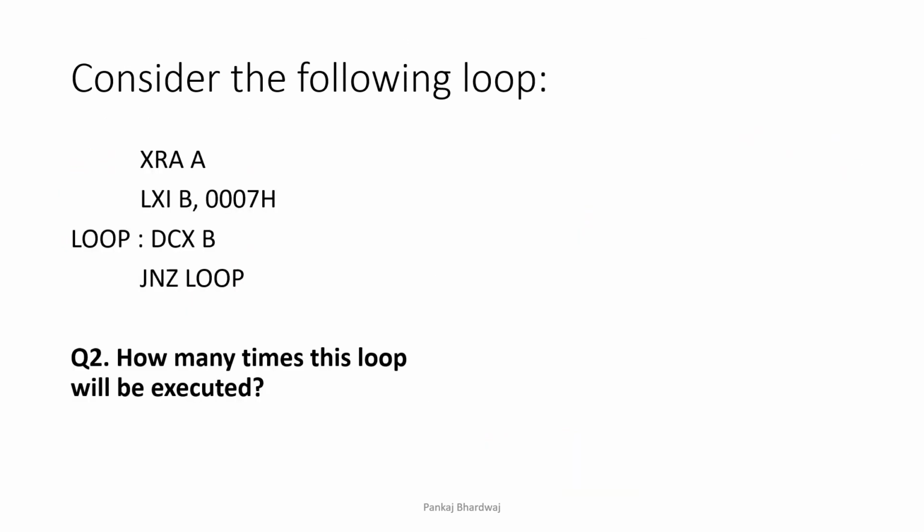Next question is: consider the following loop. This is the loop, and we need to check how many times this loop will be executed. Now what does this XRA A do? It clears the accumulator, as in the previous example we have already studied. That means A will be 00, the content of the accumulator will become 0, and that means the zero flag will be set.